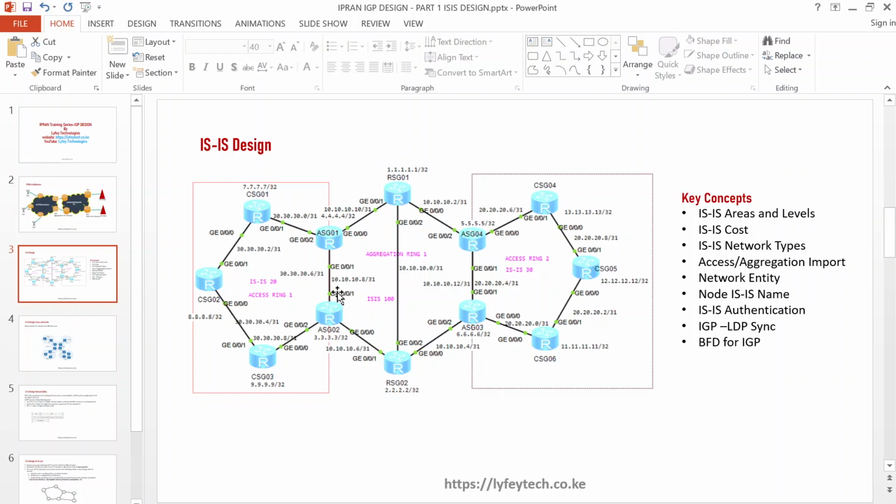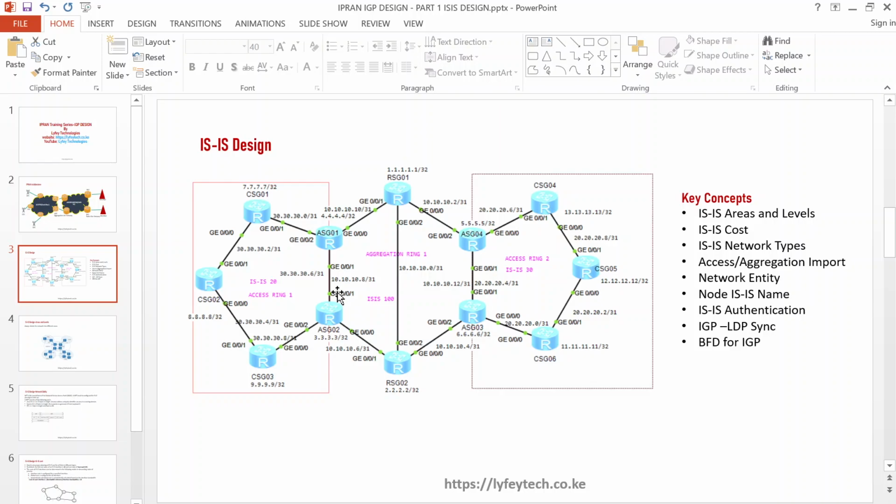Then we have the ISIS cost. Remember, an IGP selects the best path based on cost, so you need proper cost planning in your IPRAN network. Then the network type. Which network type should you use? Then if you are running different processes in access and aggregation, you also need to do route import between the access and aggregation processes.